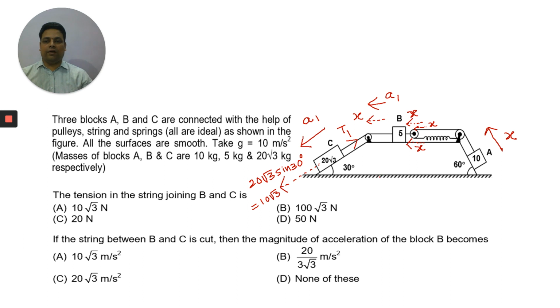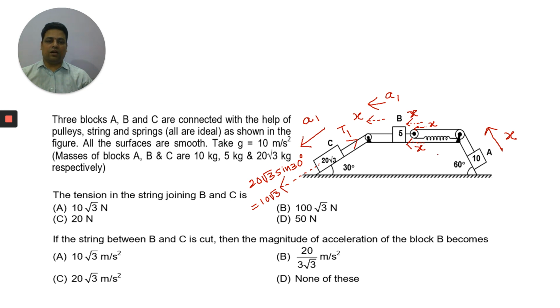The problem would have been different if instead of spring I would have used a string there also. Then A would have moved up by 2x to provide increment X on both sides of that pulley fixed to the 5 kilogram block.